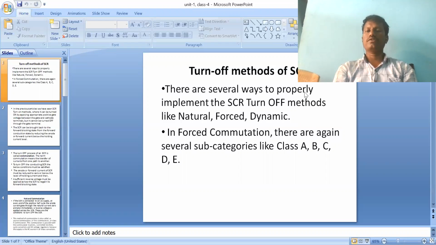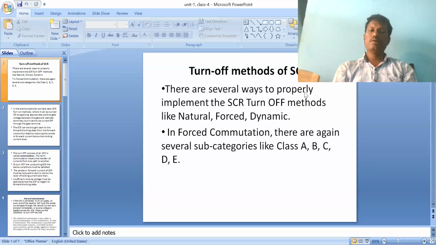Another definition of commutation is that the path of current changes from one thyristor to another thyristor. So commutation is the same as turn off. There are three commutation methods: the first is natural commutation, the second is forced commutation, and the third is dynamic commutation.